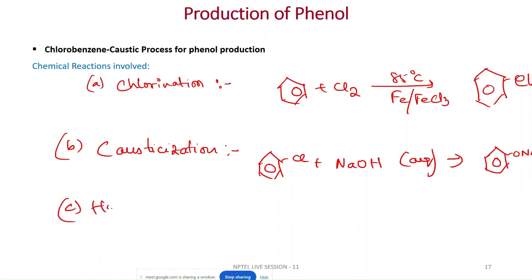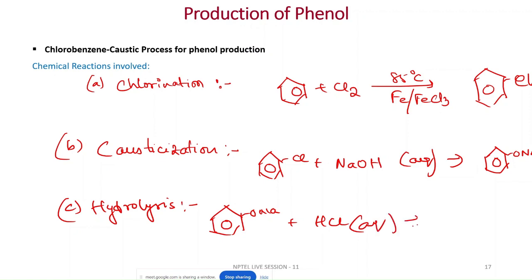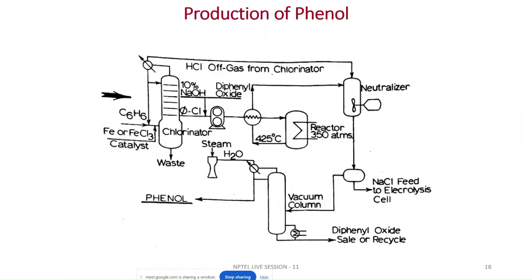In the third process, that is the hydrolysis process, this sodium benzoate is reacted with aqueous HCl and it forms phenol, and it produces NaCl in the aqueous phase as a byproduct. So it involves three steps. First step is chlorination, second step is causticization, third step is hydrolysis.